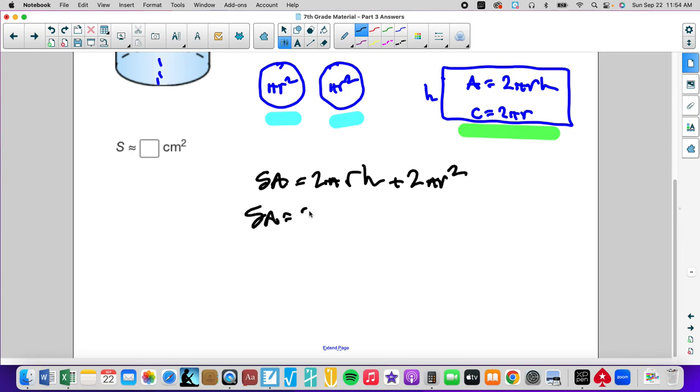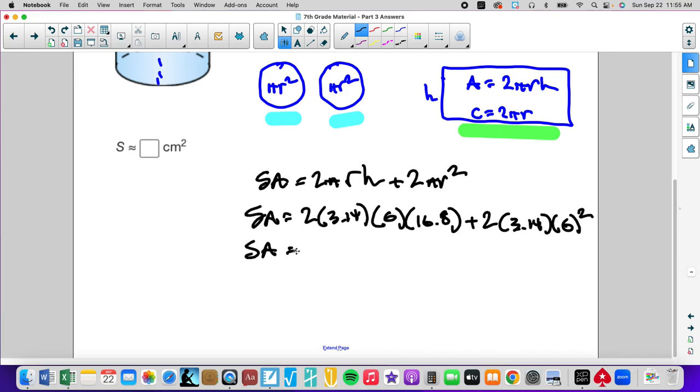Surface area equals 2 times 3.14 times the radius. The radius in this problem is going to be 6 times the height, which is 16.8 plus 2 times 3.14 times the radius squared, which is 6.